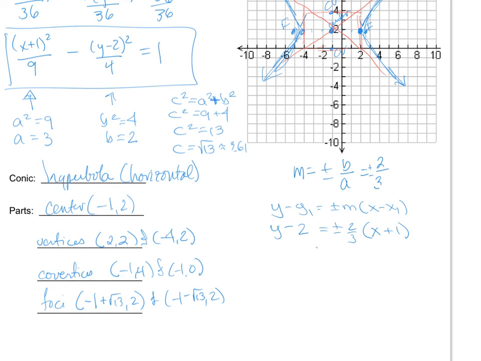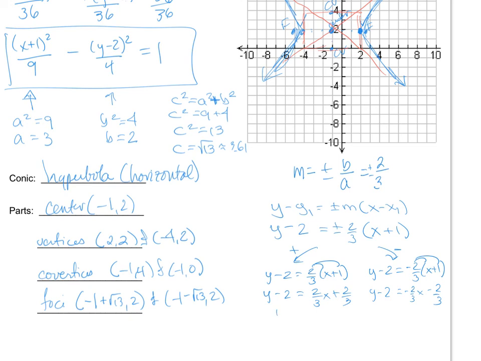The x value of the center is negative 1. Now at this point, I have two cases, when the slope is positive and when the slope is negative. When the slope is positive, I'm going to use this equation. When the slope is negative, I'm going to use this equation. Now, I'm going to distribute the slope in each of the equations.